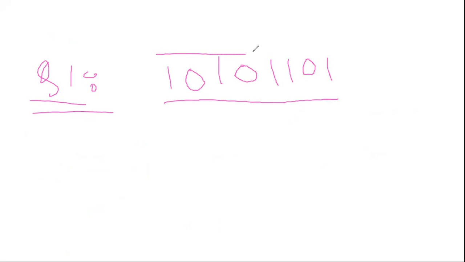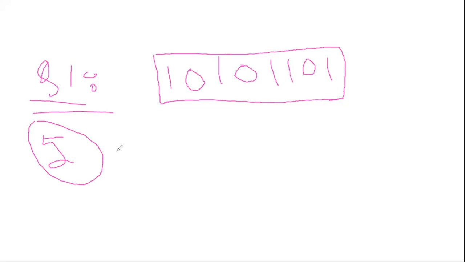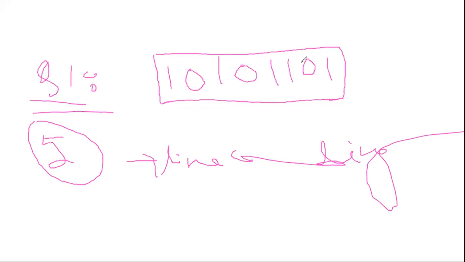For this, okay, 1 1 0 1 0 1 1 0 1, you show all 5 line coding. For all 5 line coding you just show.